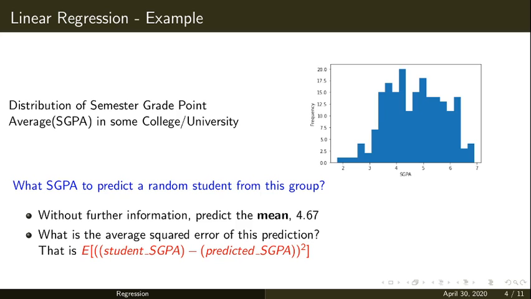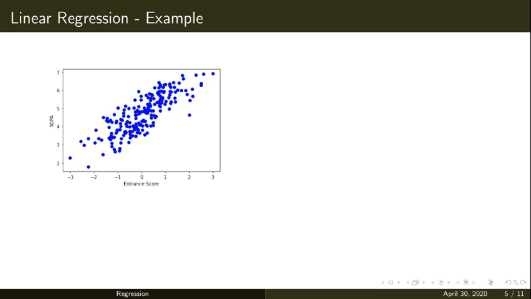Okay, so let's say the university has collected some other feature like the student's entrance score from his previous course or previous semester, and they have plotted it as a scatter plot.